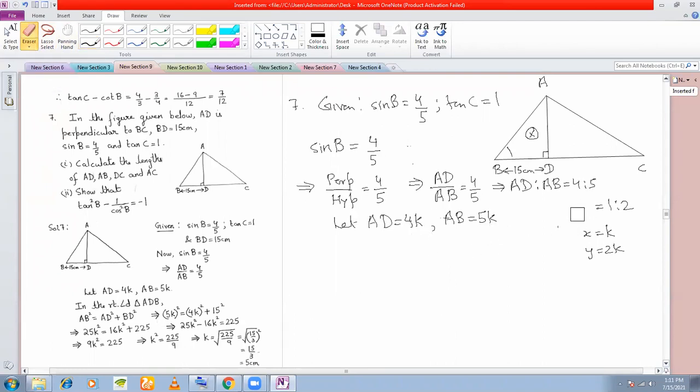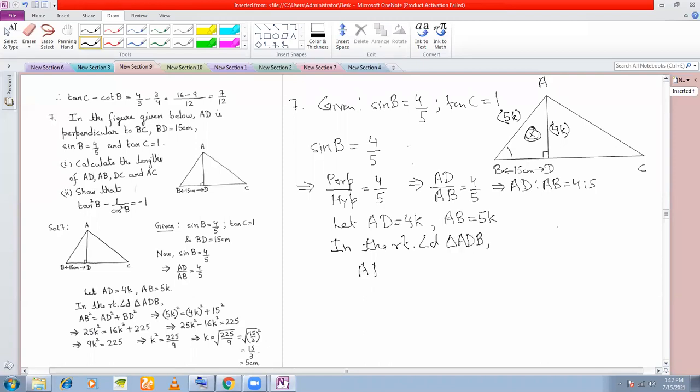Okay. So now once we know that AD is 4K and AB is 5K, so let's write it here. AD is 4K. Let's write it here in brackets. Later I will erase. And AB here is 5K. Okay. So we know now in this right angle triangle, I can use Pythagoras theorem to find out the value of K in the right angle triangle ADB.